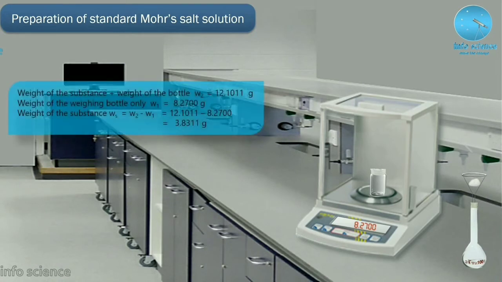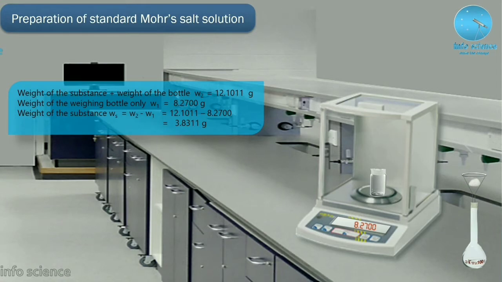Now we have to do the calculation to find the weight of the substance. The weight of the substance plus weight of the bottle, W2, equals 12.1011 gram, and the weight of the weighing bottle only, W1, equals 8.27 gram. So the weight of the substance equals W2 minus W1. We are getting the weight of the substance as 3.8311 gram. This is the weight of the Mohr's crystals which we have taken.